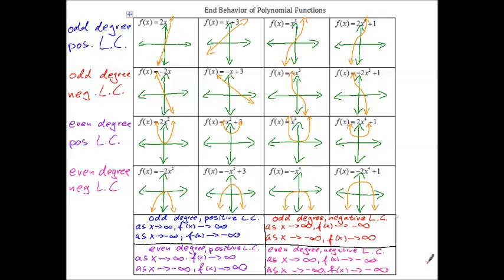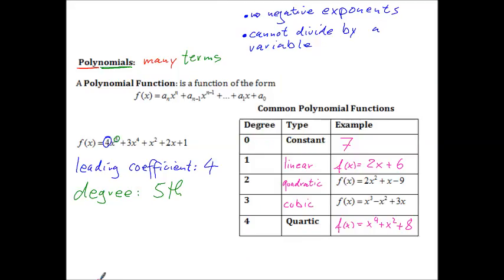But we can now go back to the function that we had before, and we can now state our end behavior.